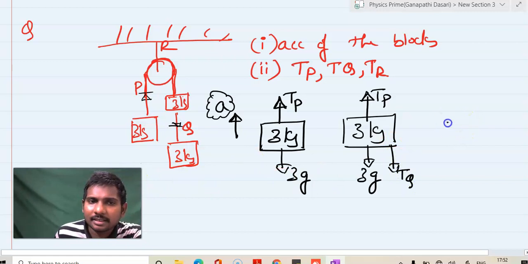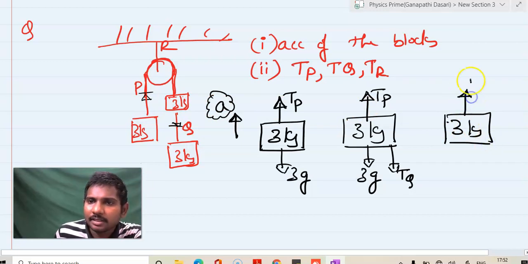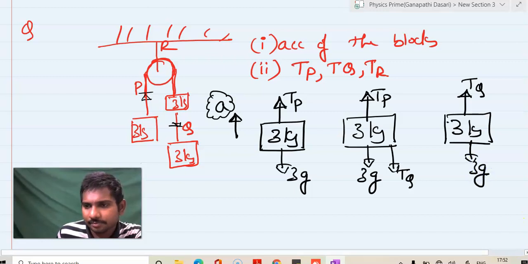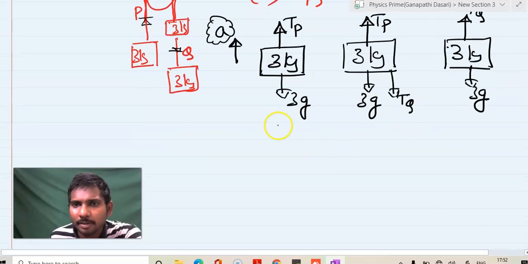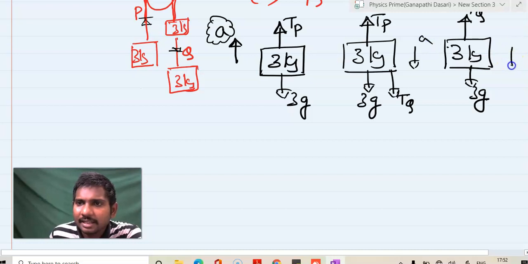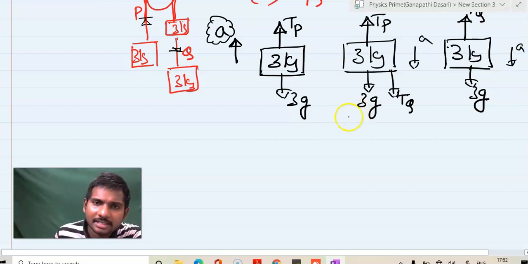Then another 3 kg block is here. If I cut it and pull it, the TQ will be upwards and 3G will be downwards. This 3 kg block should go downward with an acceleration A, and this 3 kg block should go downwards with an acceleration A.